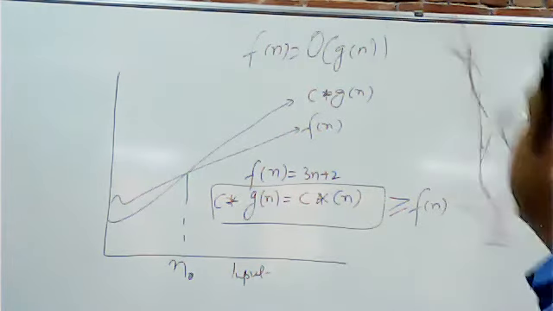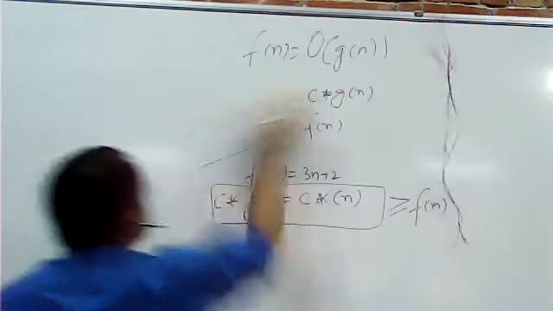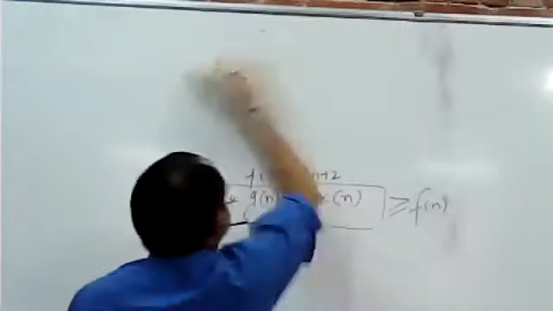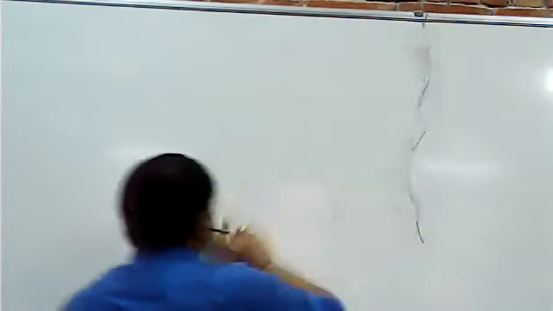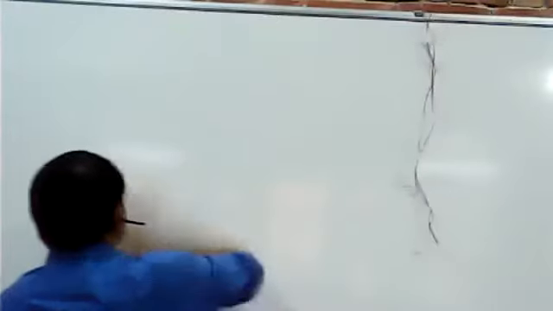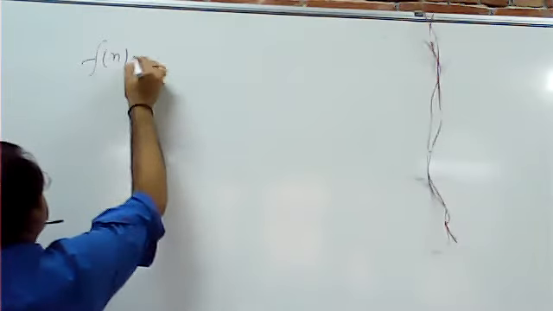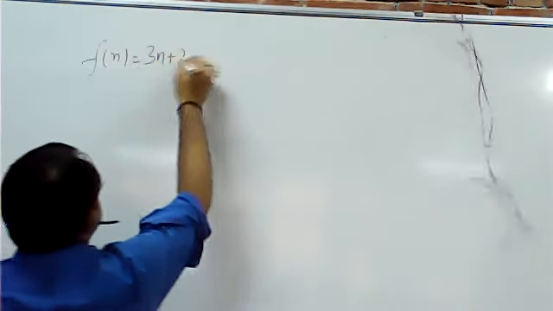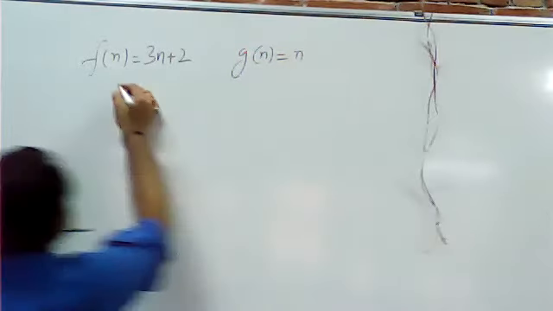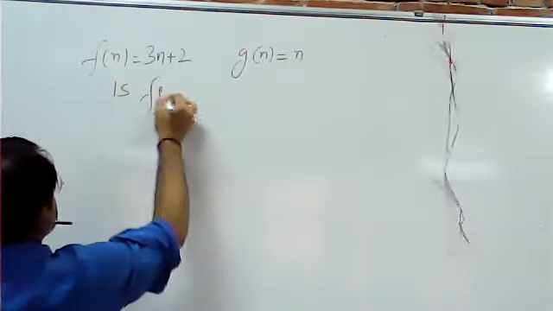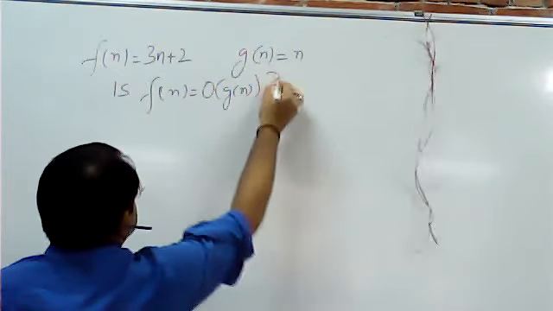So now let's see an example. Suppose Fn is equal to 3n plus 2 and Gn is equal to n. Is Fn equal to order of Gn?